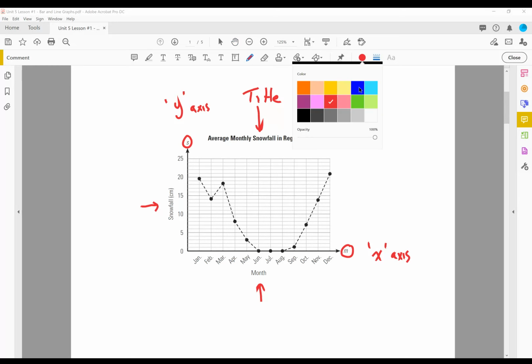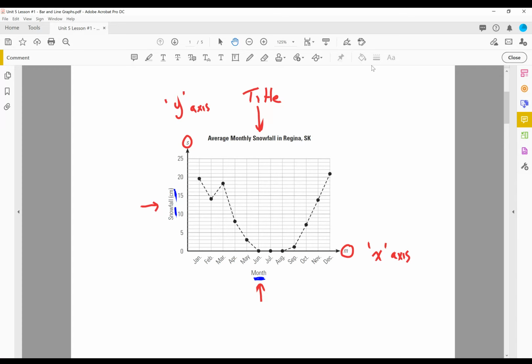And I want you to notice that what they do there when they're labeling this is they include the unit. Okay, it's the title of it and then the unit in centimeters. And then down here, it is the month. And of course, the unit is month anyways. And so that's why the y-axis is labeled S for snowfall and the x-axis is labeled M for month.